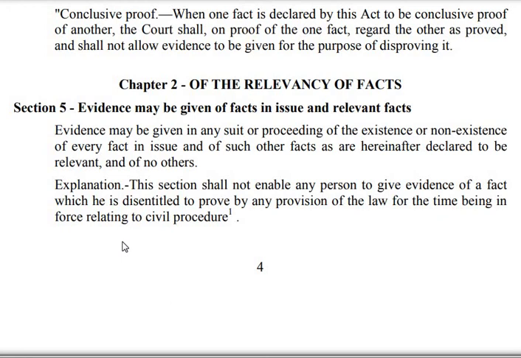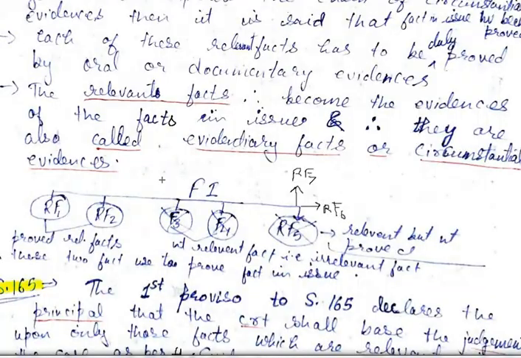Now, out of these facts, suppose there is a party, a plaintiff, who wants to prove these seven facts, or if it is a criminal case, then the prosecution wants to prove these seven facts. The judgment should be based only upon the facts which are relevant and which are duly proved, as per section 165, first proviso.